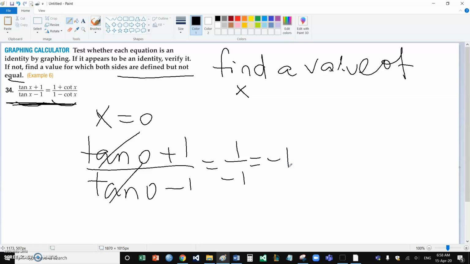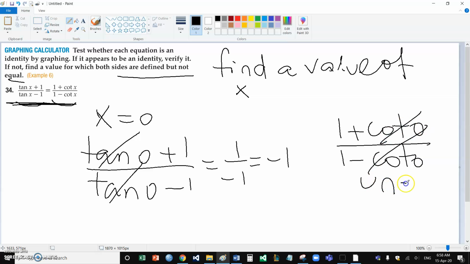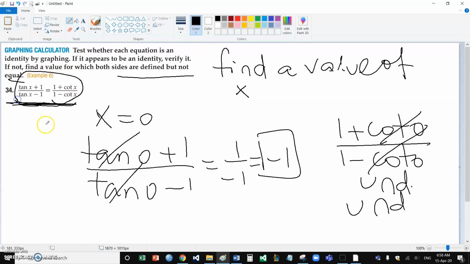For the right side, 1 plus cotan 0 over 1 minus cotan 0. Now cotan 0 is undefined. So the left side is minus 1, the right side is undefined. That proves that this is not an identity.